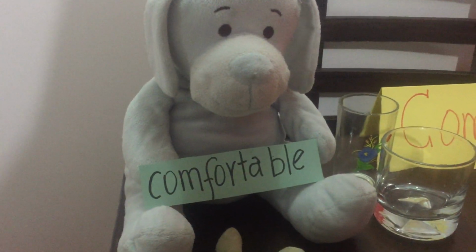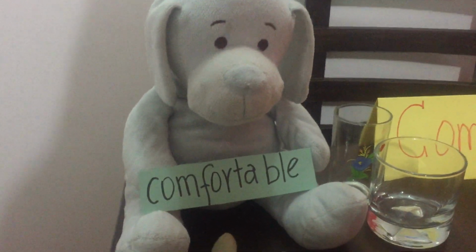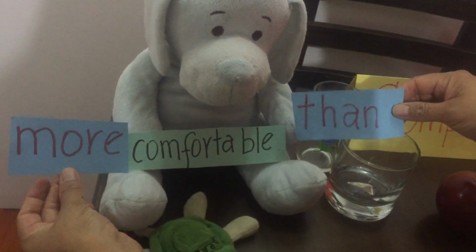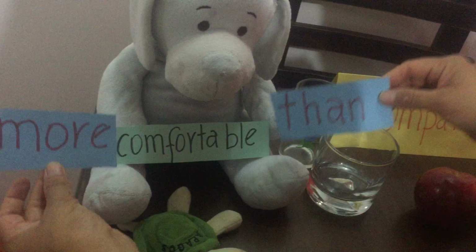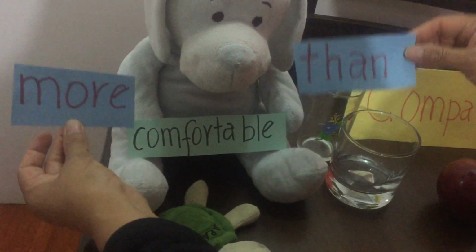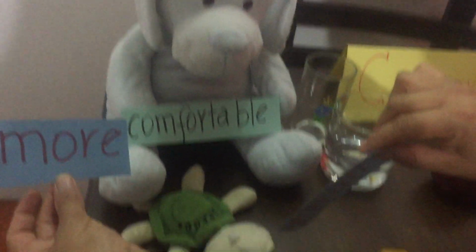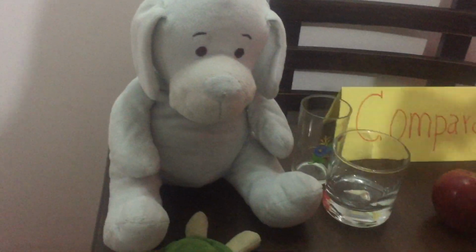So what happens if you have a long adjective? You have to use more than, because comfortable has more than two syllables. It means that you are going to say: this teddy bear is more comfortable than the turtle. So you have to use this rule.